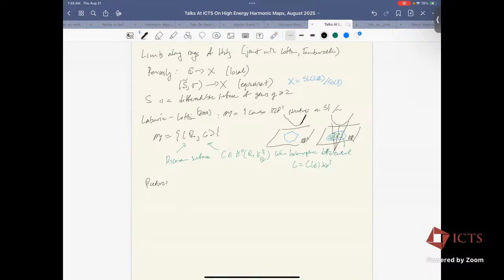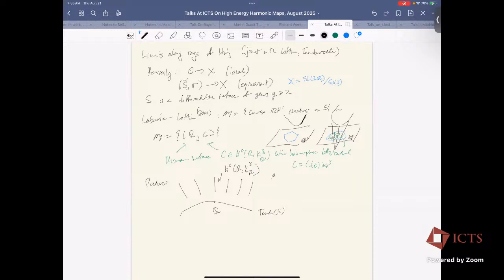We have the parameter space of Riemann surfaces, Teichmüller space, and then on every one of these Riemann surfaces we have a fiber creating a bundle over this Teichmüller space, and the fibers are these vector spaces of holomorphic cubic differentials.